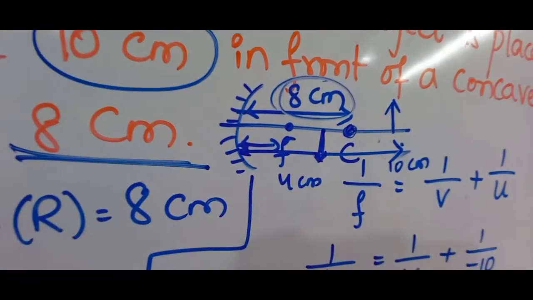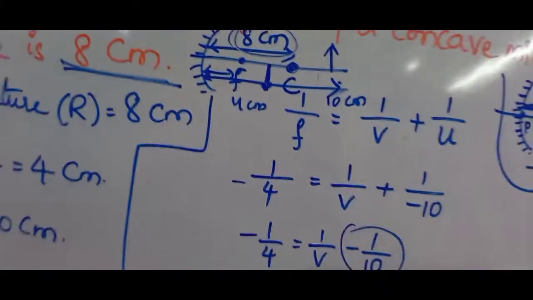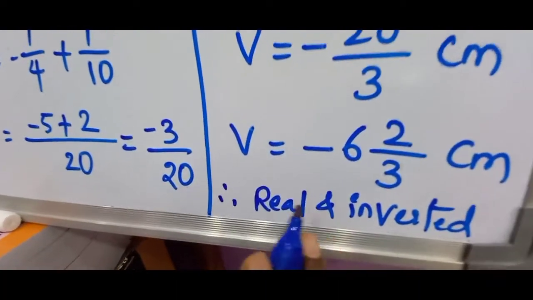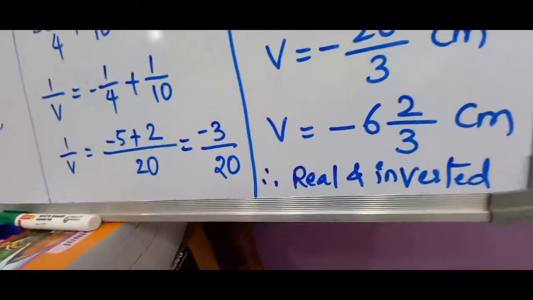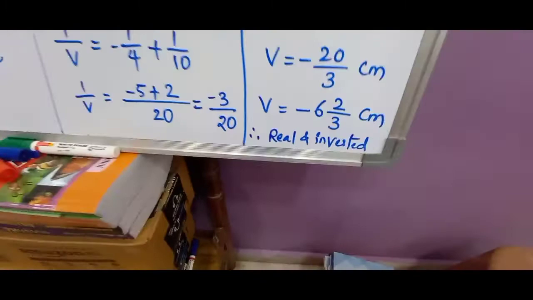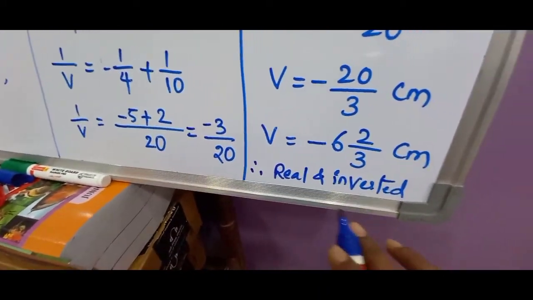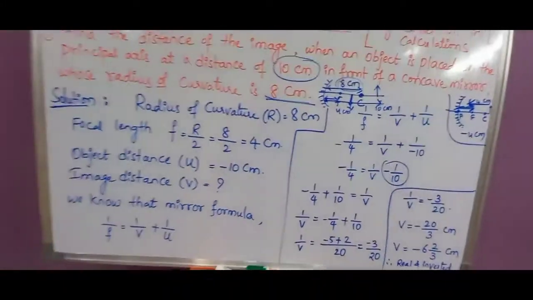So is it less than 8 centimeters or not? Yes. Based on our guess, the image distance we got is -6 2/3 centimeters. That means it is less than 8 centimeters only. So our guess is correct, and a real and inverted image is going to be formed.